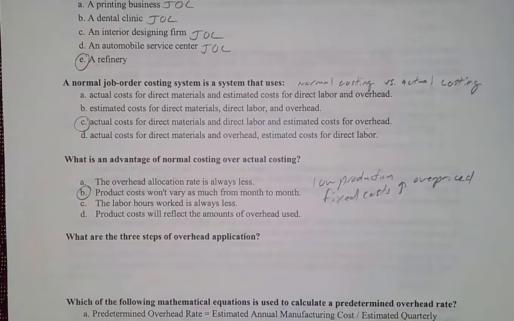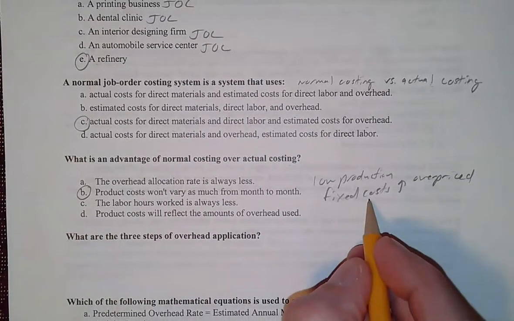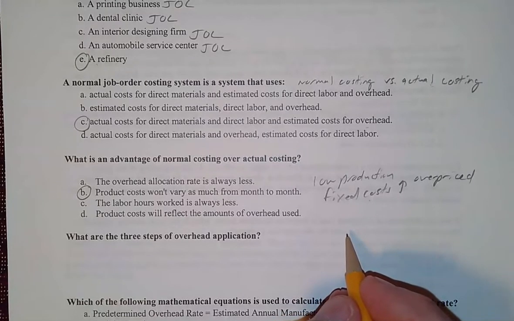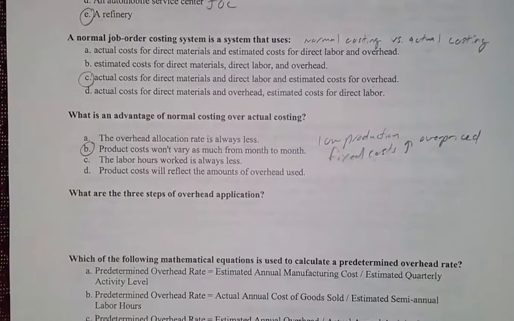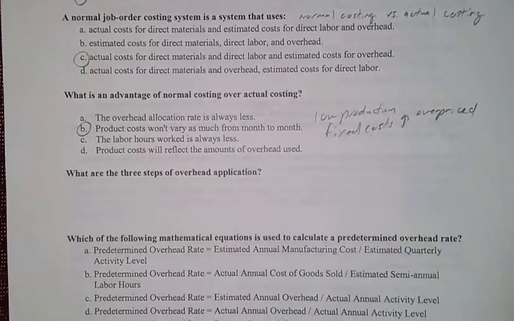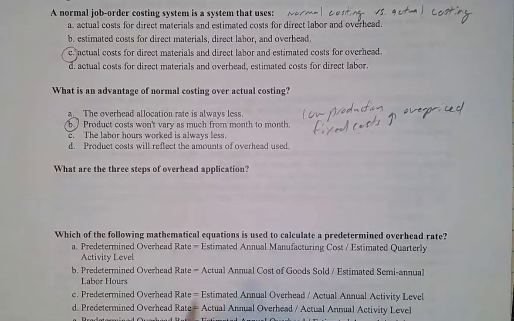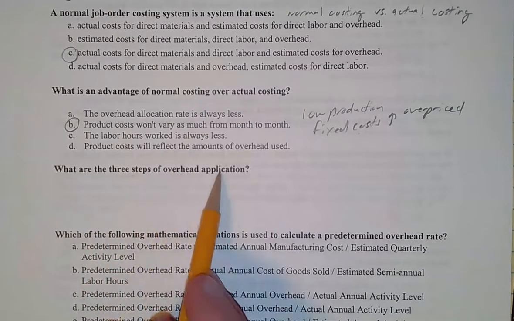And then whenever we have periods of high production, our fixed costs are a lower percentage of total costs, and we end up having products that are underpriced. And that's not good either. All right? So we can kind of smooth our costs out a little bit better, or a lot better, with normal costing.